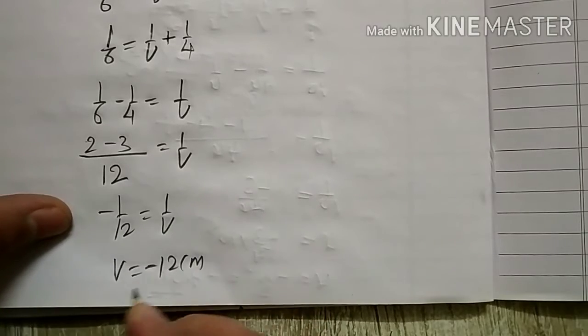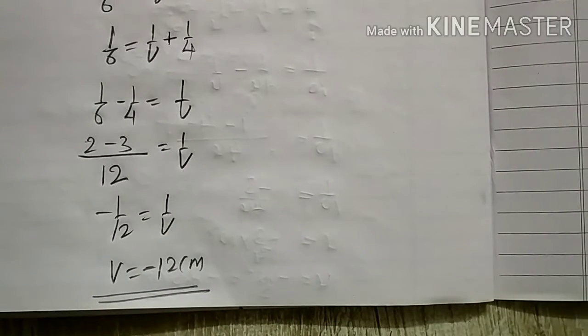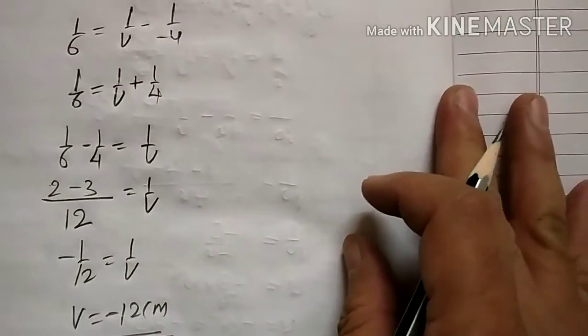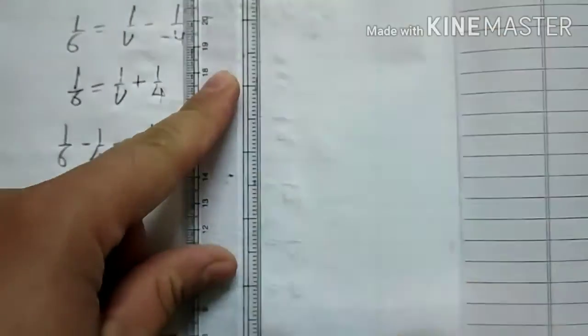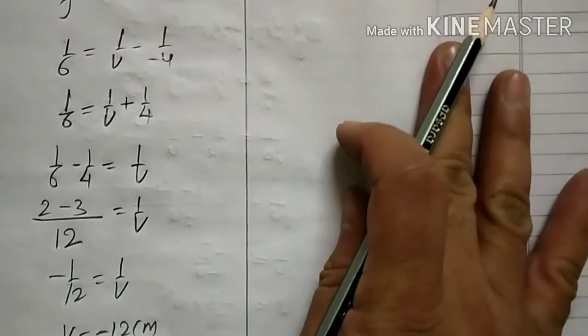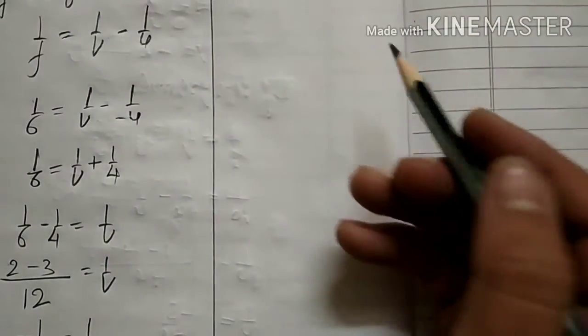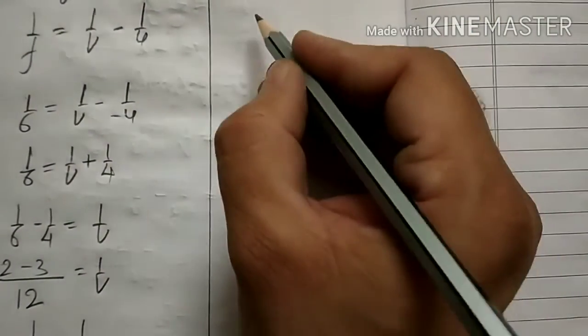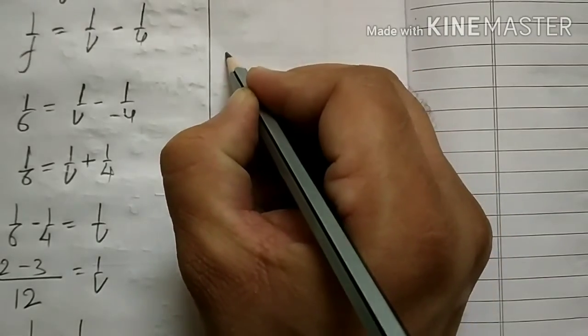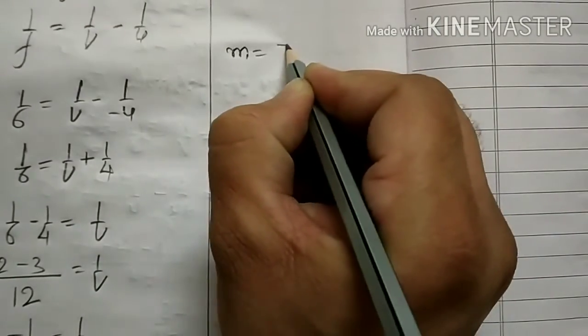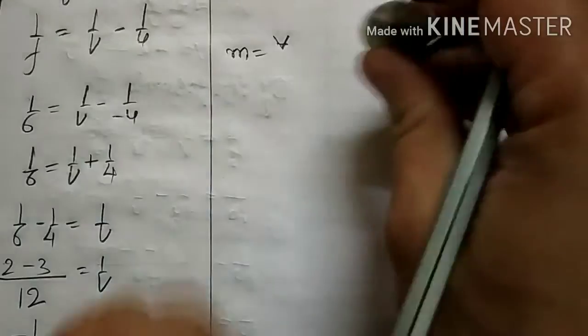This minus sign indicates that the image will form on the same side as the object. So definitely the image will be virtual. But again I want to tell you, with the help of magnification, m is equal to v upon u.